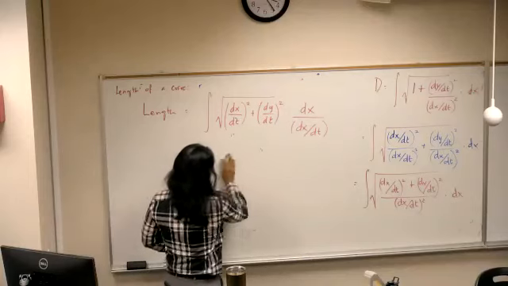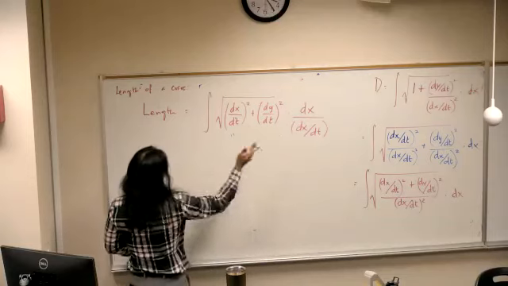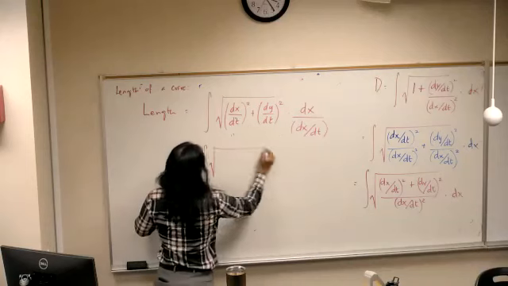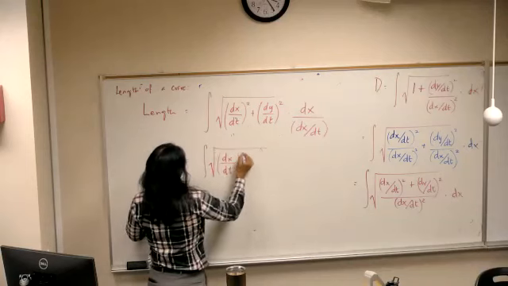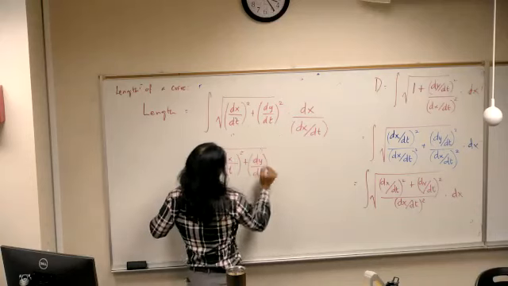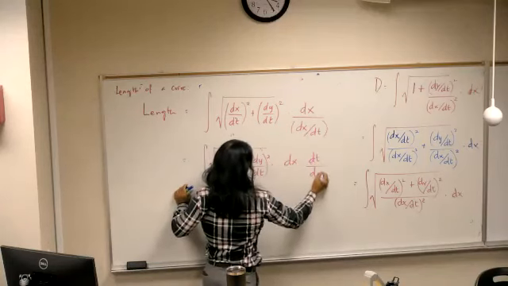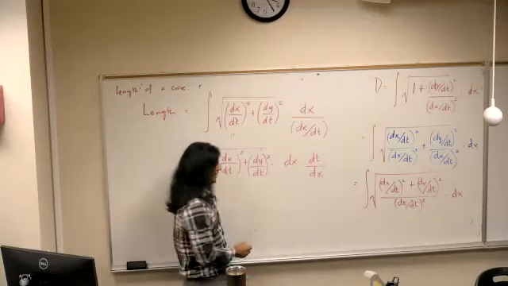What about the square? It's coming out of the root, right? So flip and multiply, keep change flip, KFC. So dx times dt over dx. What happens to the dx? They get cancelled.